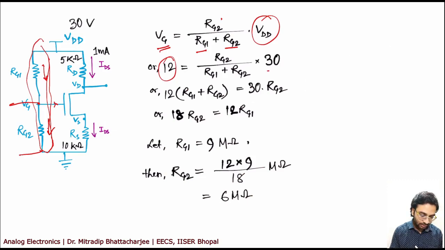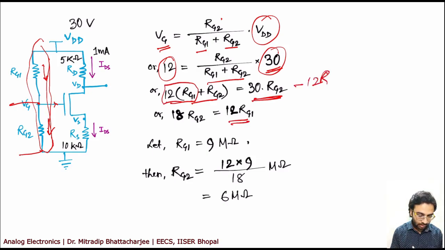and VDD is 30 volt. Now do simple algebra. You'll find 12 into this is equal to 30 RG2. Now 12 RG1 is equal to 30 RG2 minus 12 RG2. So if I subtract 12 from 30, how much it will come?